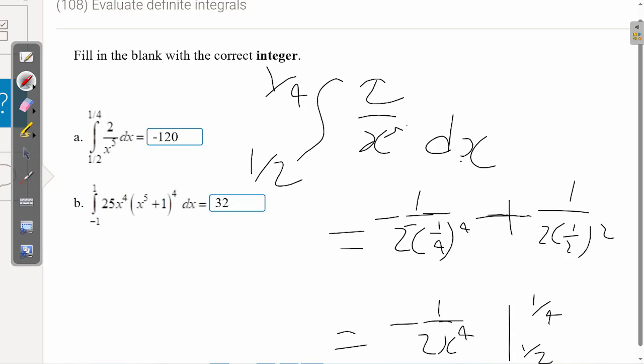My bad, that's not squared, that's power 4. Okay, so you get negative 120.